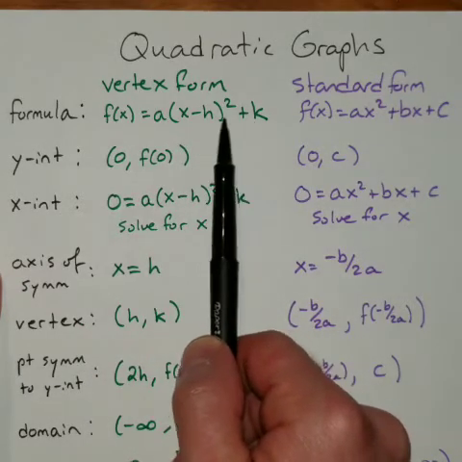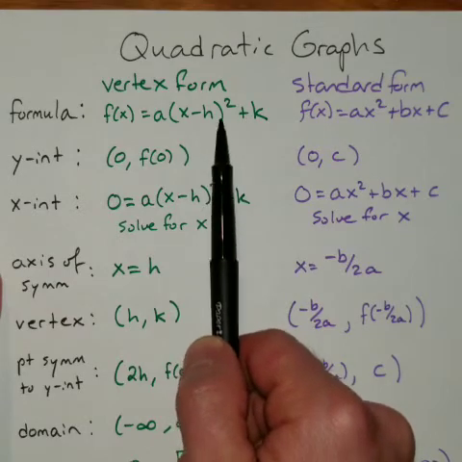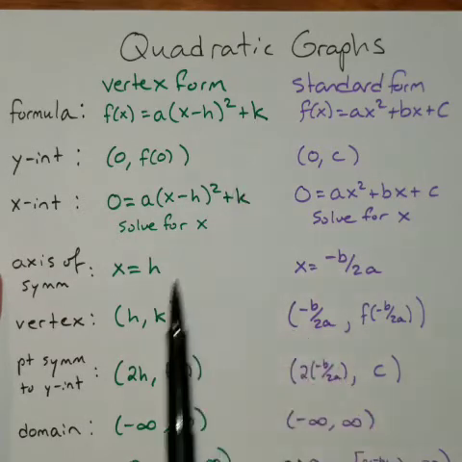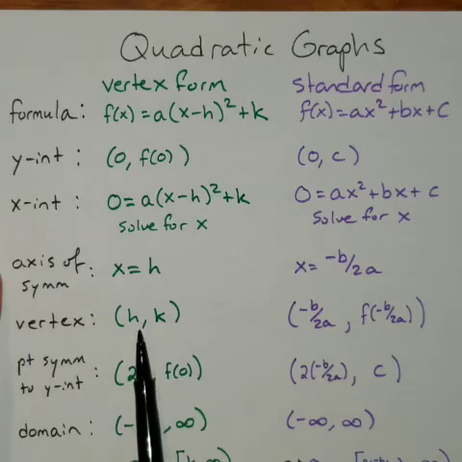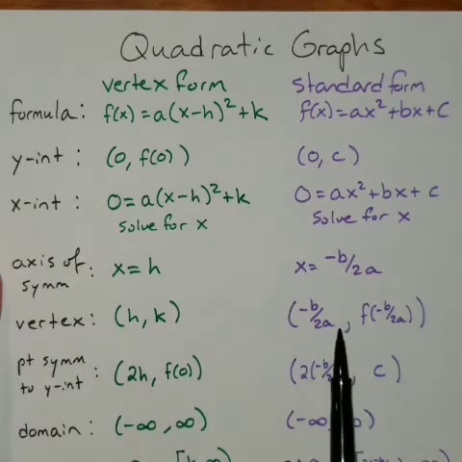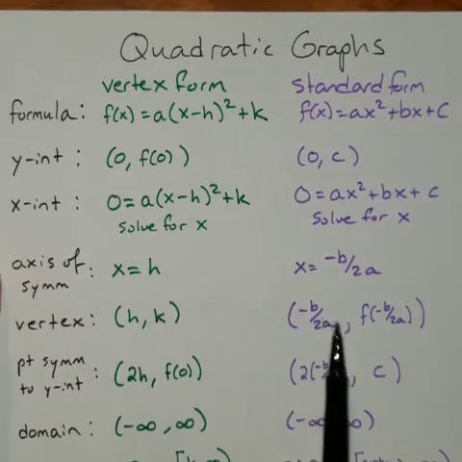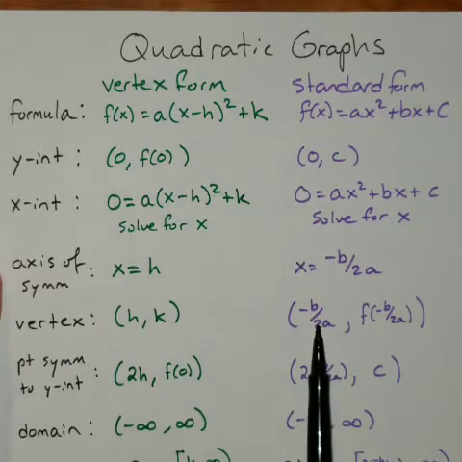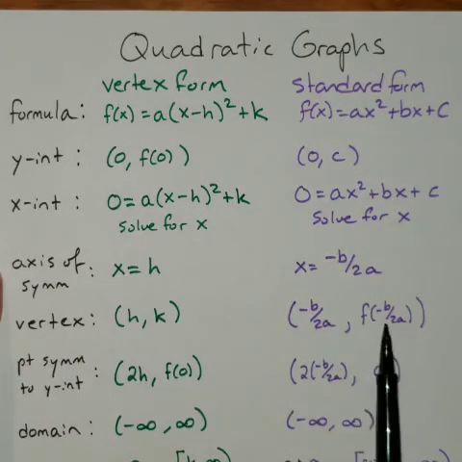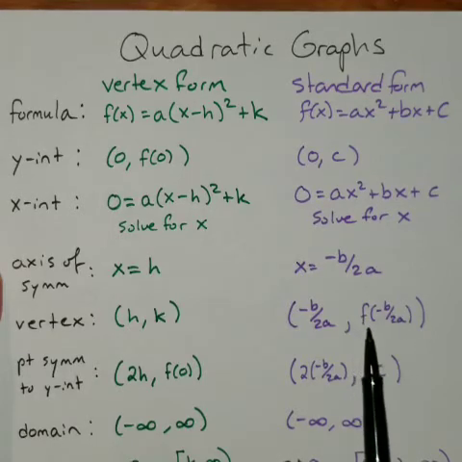That's where it gets its name, because the h and the k show up. That's the horizontal shift and the vertical shift of the parabola. In the standard form, the vertex comes from the negative b over 2a, and this is what you get when you plug that back into the function.